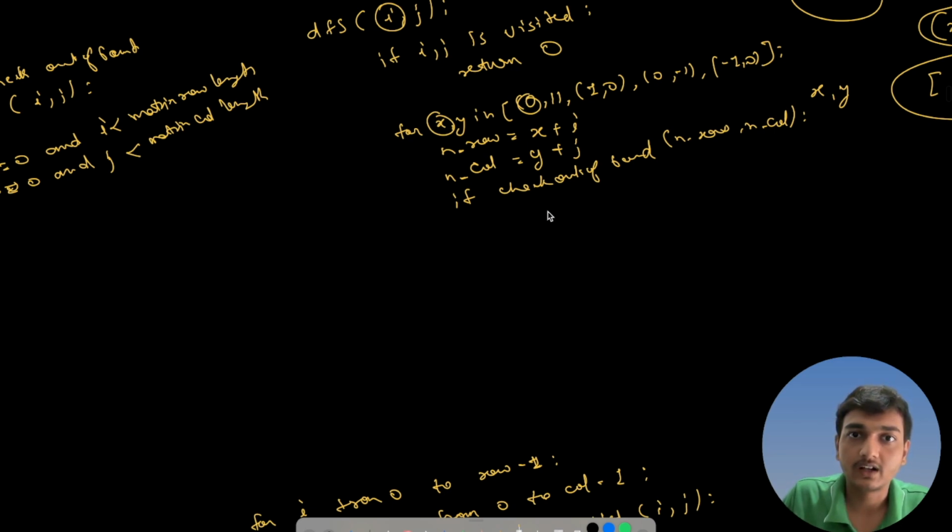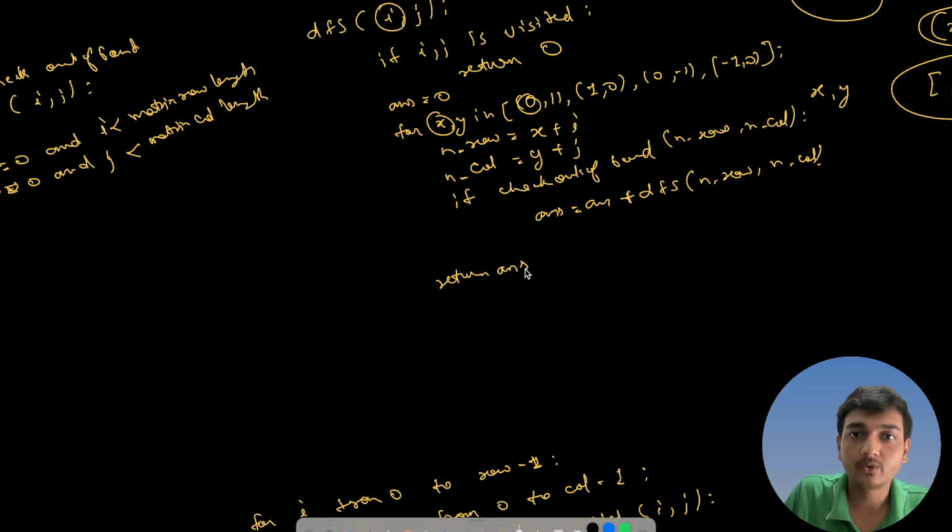And meanwhile I will keep one answer here, answer equal to 0, and answer equal to answer plus whatever DFS I'm getting from this. So I'll pass new row, new column. Super. And after all the summation, we will just return the answer.